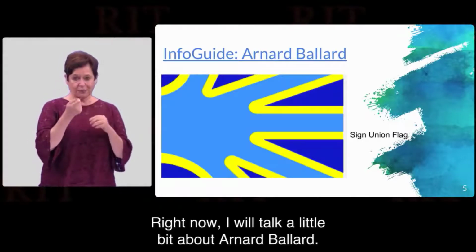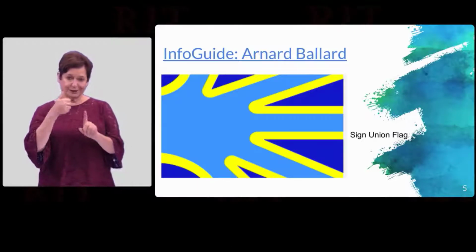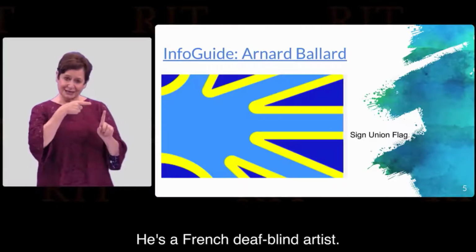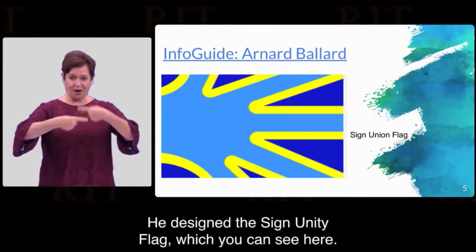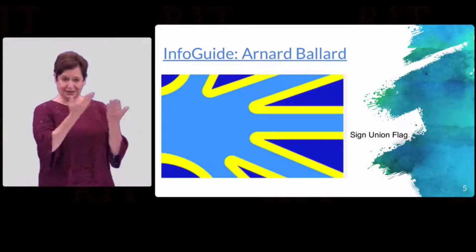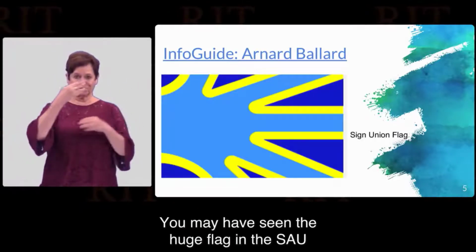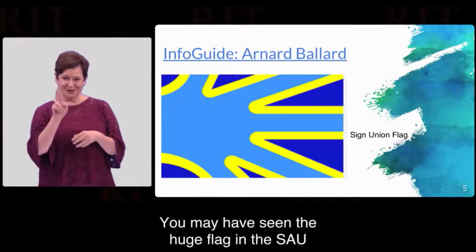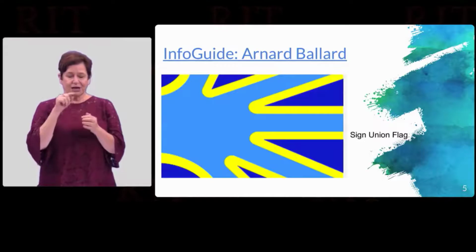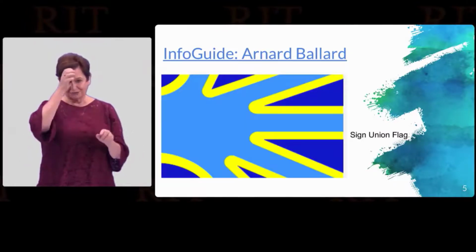Right now, I will talk a little bit about Arnaud Ballard. He's a French deafblind artist. He designed the Sign Unity flag, which you can see here. You may have seen the huge flag hanging up on the wall. The colors symbolize different concepts.